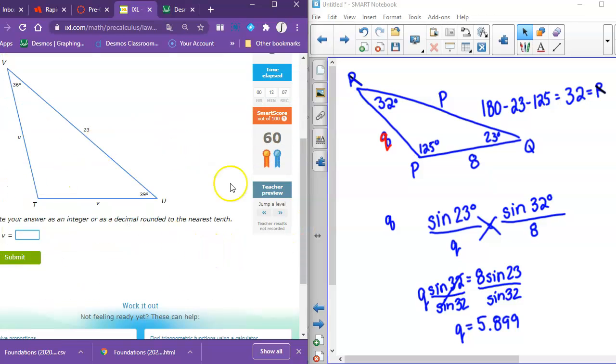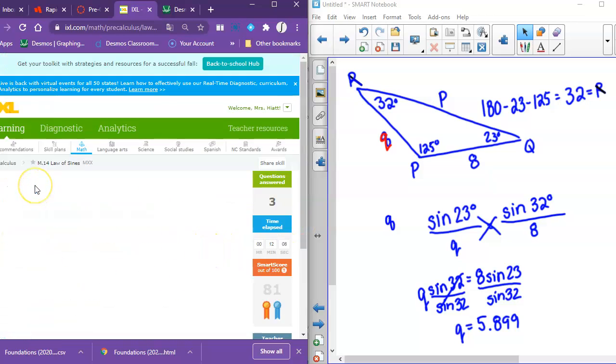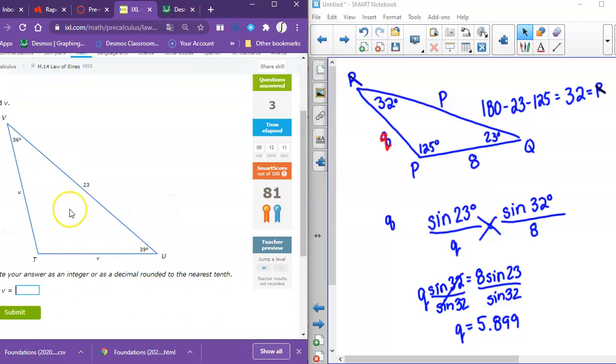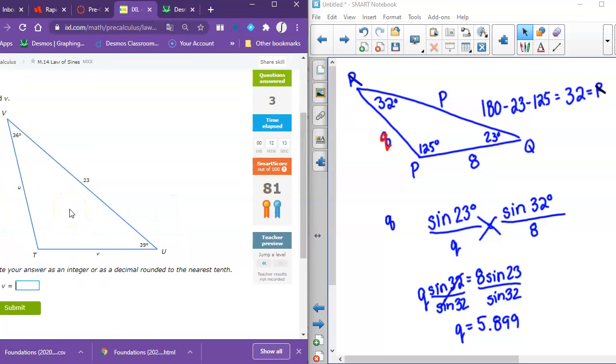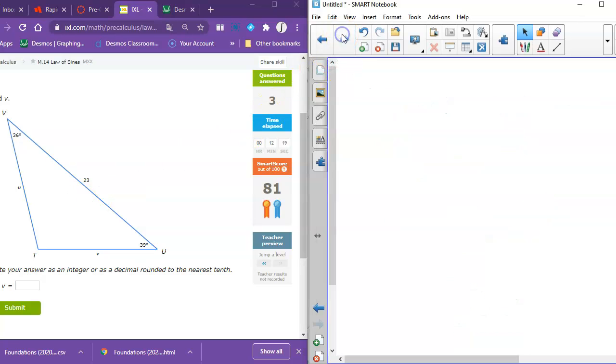Okay, and I'm going to skip ahead one more time. I don't really think it gives you anything much more difficult than what we just did. So if we look at this problem, it's a little bit similar to what we just found.